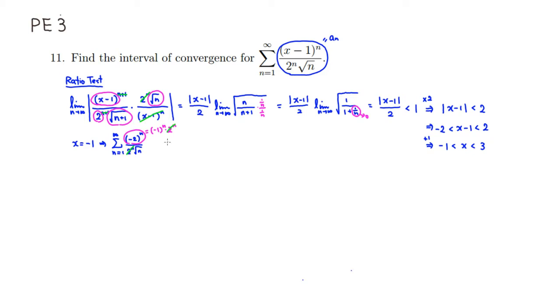What you get is the summation, n goes from 1 to infinity, of (-1) to the n, and I'm going to write it as 1 over square root of n. So we get an alternating series, and we can do the alternating series test to show that this actually converges. Maybe I should say, this is going to converge by the alternating series test.